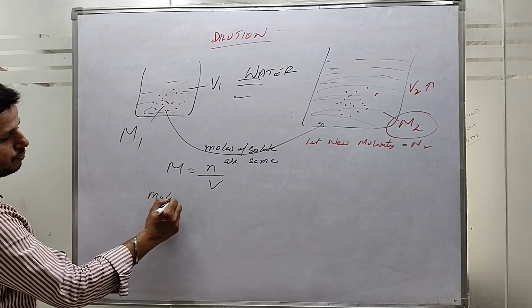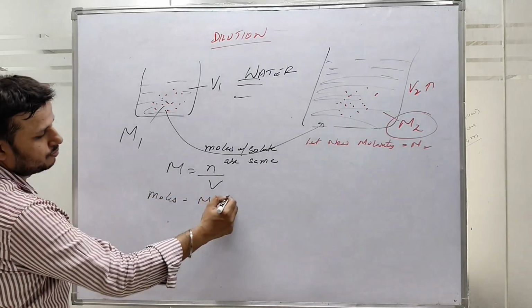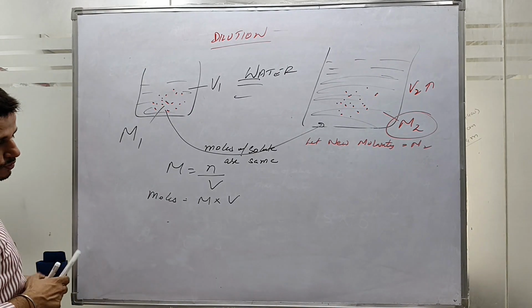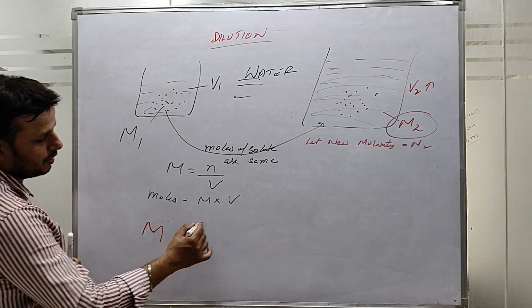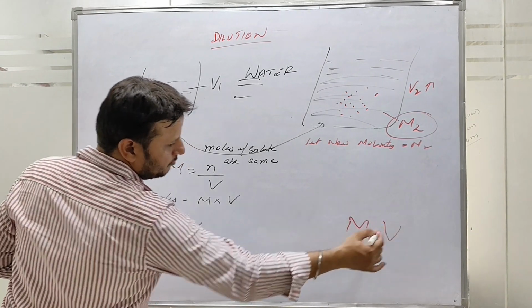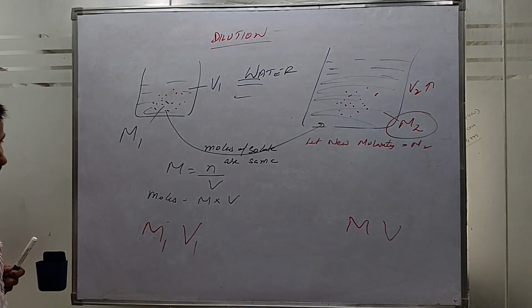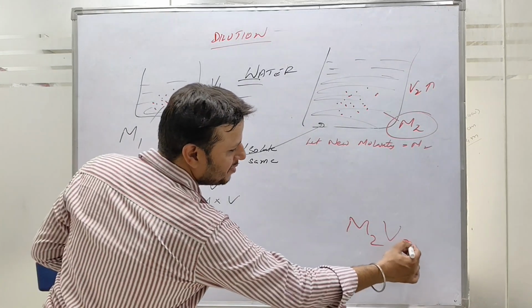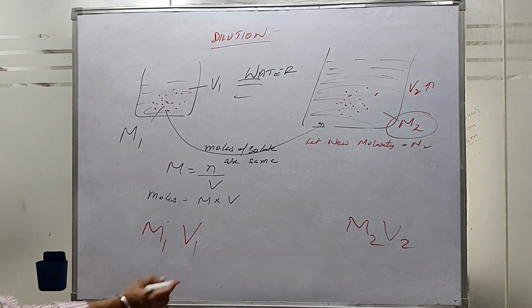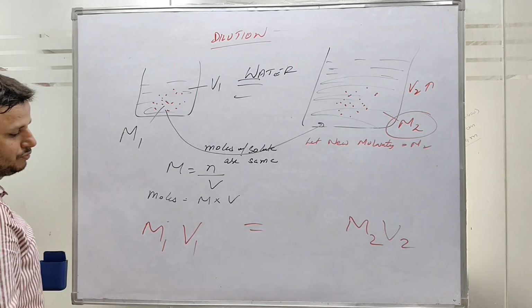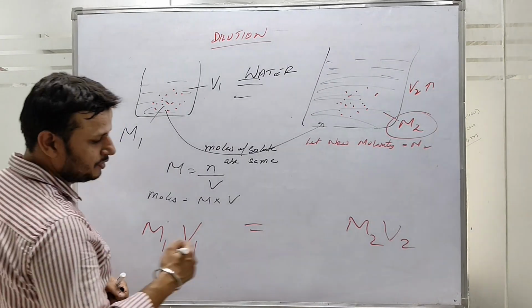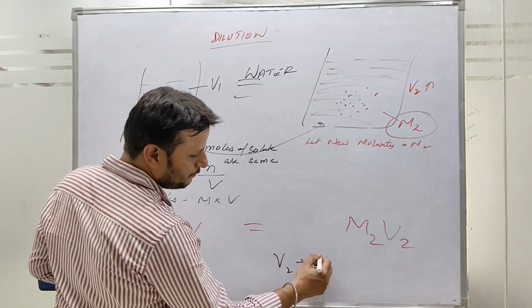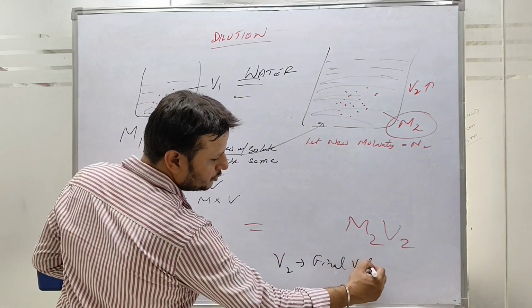So moles is equal to molarity into volume. So they are same. कि MV बस यहाँ हम लगा देंगे M1 V1 और यहाँ लगा देंगे M2 V2. So M1 V1 equal to M2 V2, where V2 is final volume of solution.